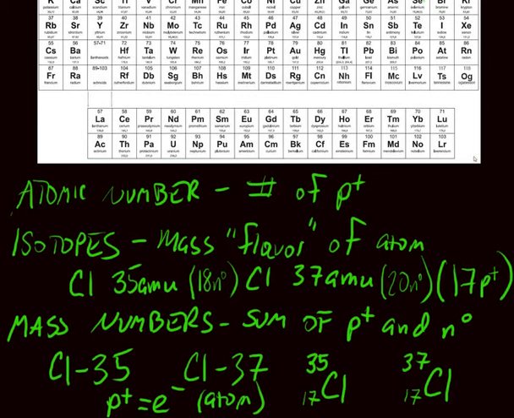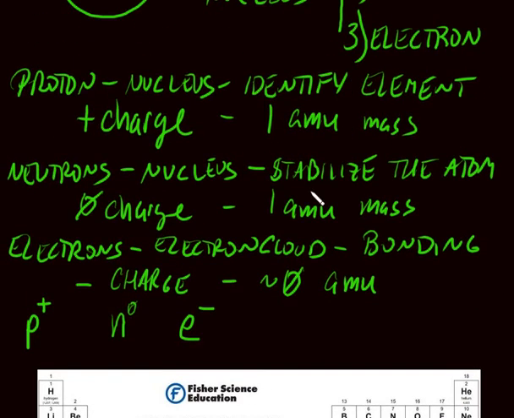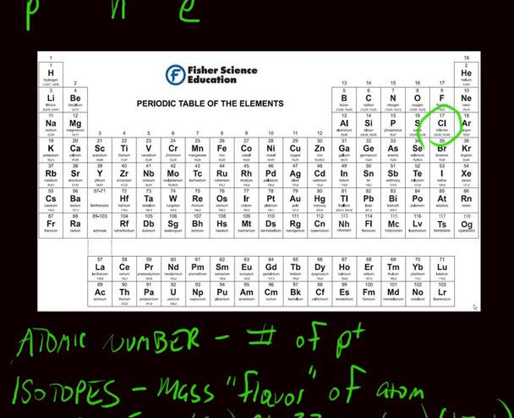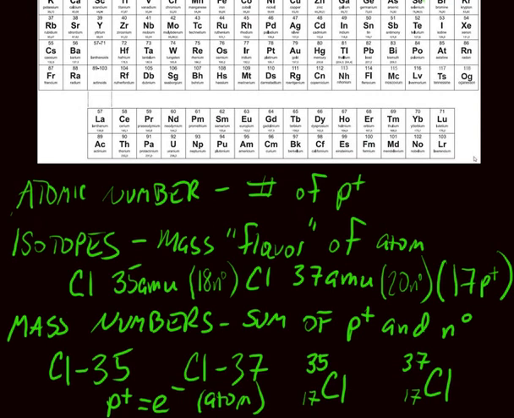So just for a recap, we have protons in the nucleus. They have a positive charge and a mass of 1. Neutrons in the nucleus, mass of 1, no charge. Electrons in the electron cloud, basically negligible mass, but a negative charge. Every element has its specific atomic number, which is the number of protons. And by definition, an atom will be neutral.